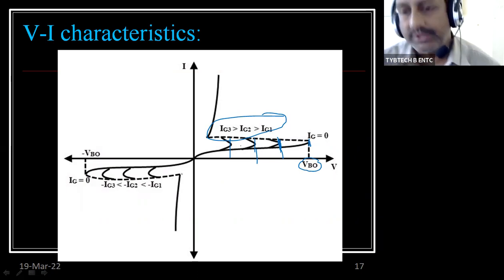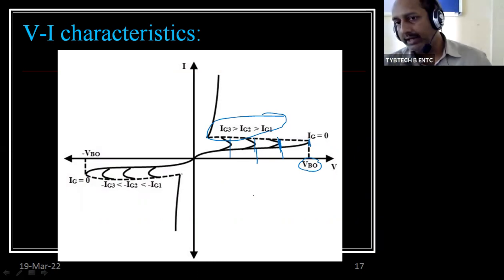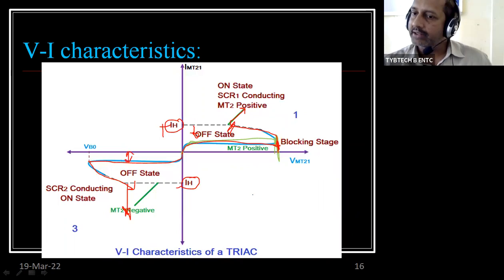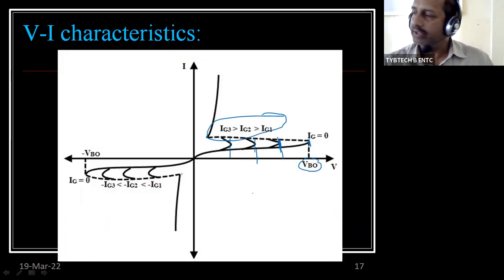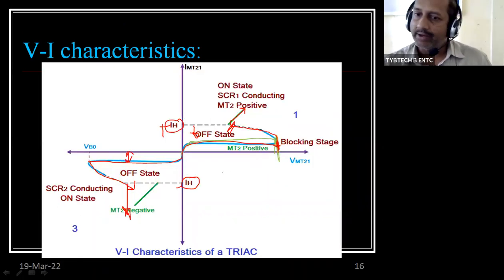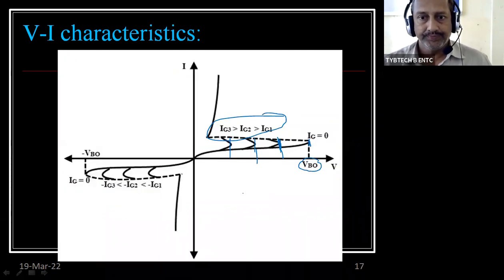So in that way we are supposed to look at this particular VI characteristic. Otherwise the earlier characteristic and this one are the same, but in this diagram the additional thing shown is what will happen if I increase the IG. You can draw any VI characteristic, no issue. But if in detail, I will prefer this one.